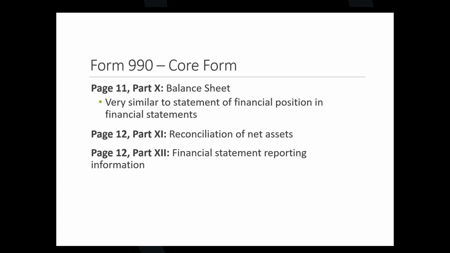Some common ones would be unrealized gains and losses and donated services. While those might be included in revenue on your financial statements, they are excluded for the Form 990. And lastly, Part 12 is financial statement reporting information. These are questions about whether your organization is on the cash or accrual basis, whether it had a review or audit, and whether it is required to have a single audit.